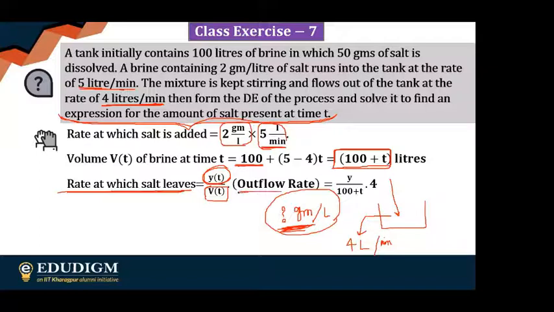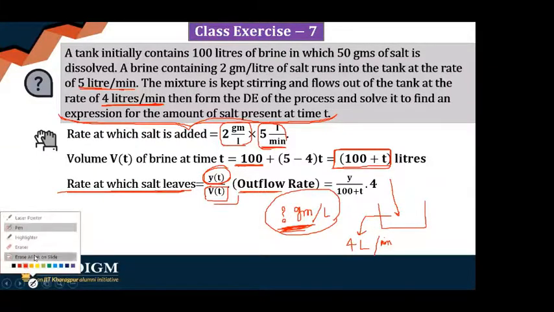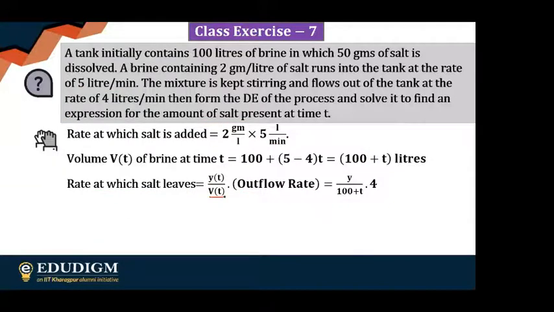Here you know the rate of flow, but you don't know the concentration of the salt. So how will you find out the concentration? In the denominator will be the volume at time t, and in the numerator you will have the salt at time t. Fair enough? So salt at time t is y, which we are supposed to find out, and the volume we have already found out.